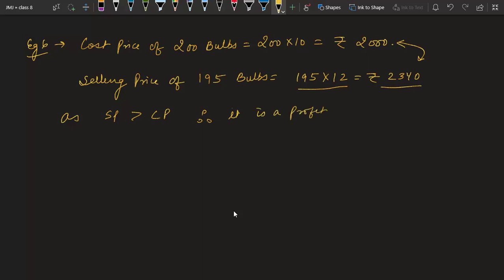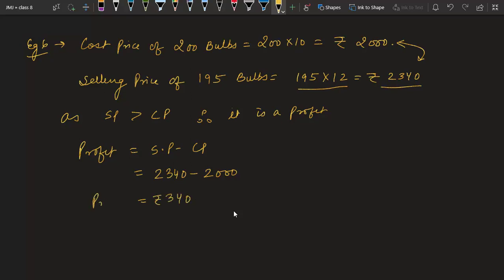To find the profit percentage, first we will find the profit value, and we all know profit is given by SP minus CP. Now put the values. SP is 2340, and CP is 2000. So we have got the value of profit as rupees 340.